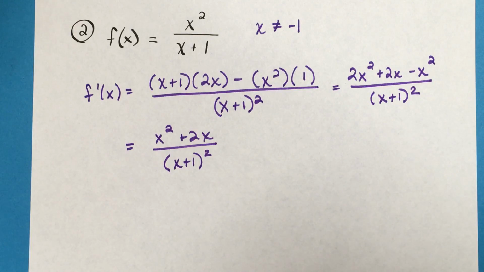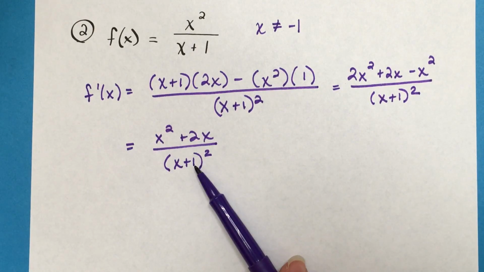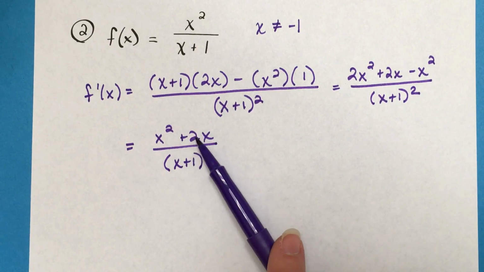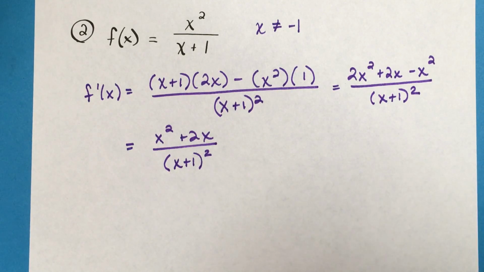Now, getting your critical numbers, and just as I stated a while ago, you just find out what makes your first derivative equal 0 and also what makes it undefined. Now, when you're dealing with a rational function as you are here, this first derivative will be equal to 0 when your numerator equals 0, and then it will be undefined when your denominator is equal to 0.